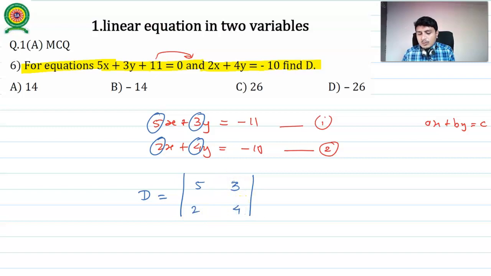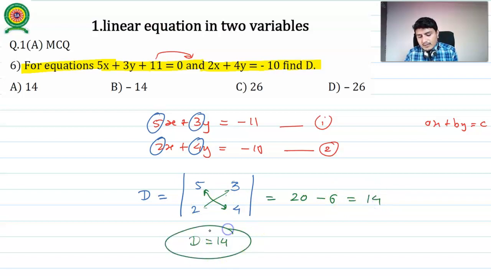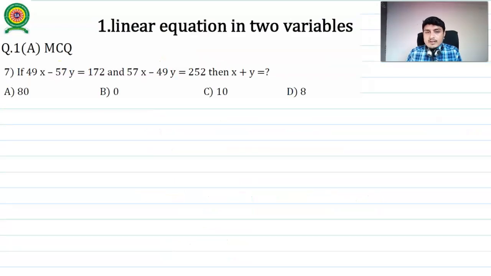So now we have to evaluate the value of D, means try to simplify this determinant. How to simplify? First diagonal elements multiplication. 5 4s are 20 minus other diagonal elements multiplication. 3 2s are 6. Now 20 minus 6 we have 14. So the value of D for the given simultaneous linear equations in two variables is 14. So our correct choice is A as 14. Look at the 7th sub question.